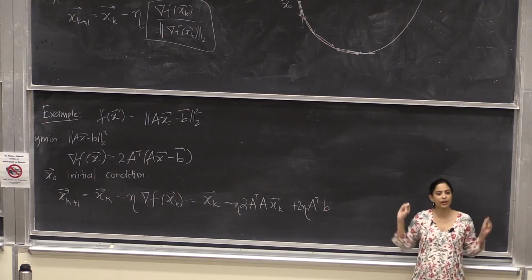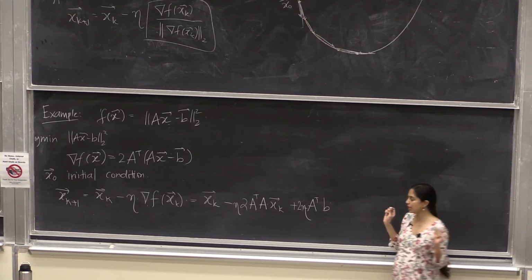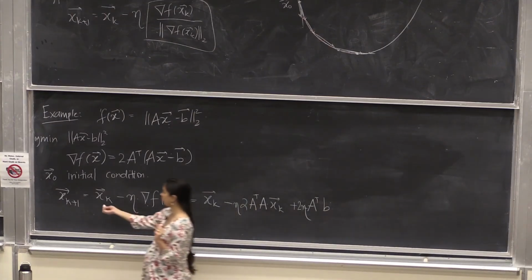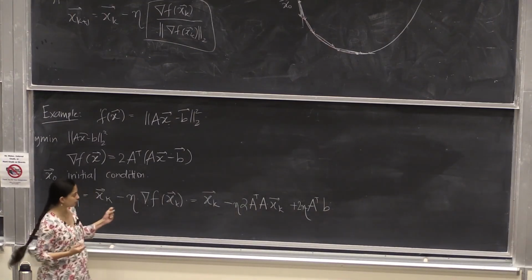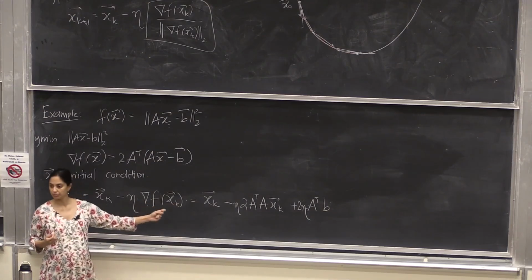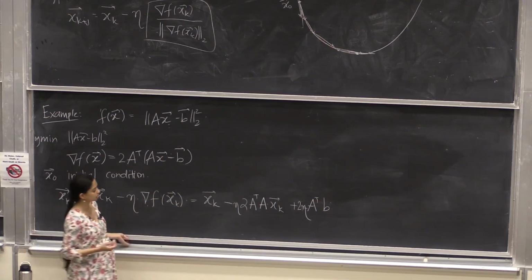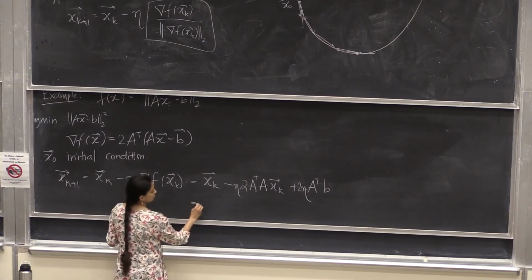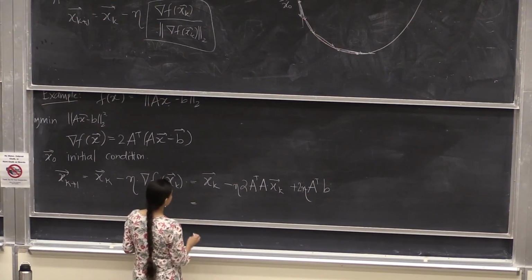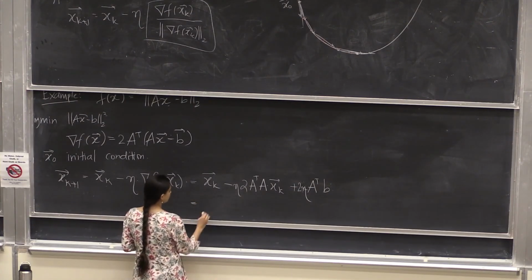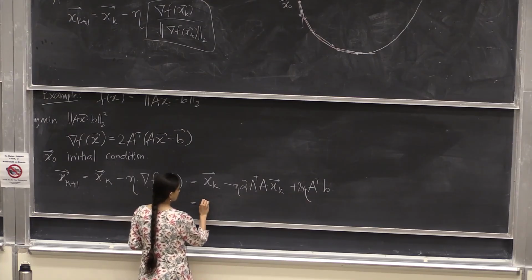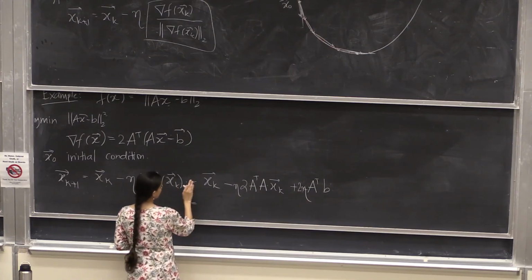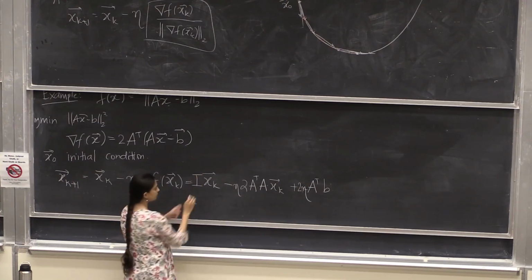So let's say I'm starting at some arbitrary point x naught. I'm trying to solve least squares. And what this is saying is that if you started at xk, the next point you should pick is given by this equation, according to gradient descent. Okay? So I can play with this a little bit, and I can write this xk as an identity times xk, right?